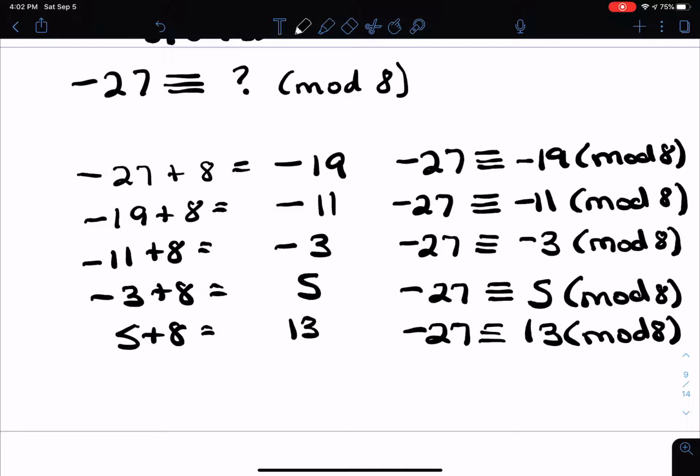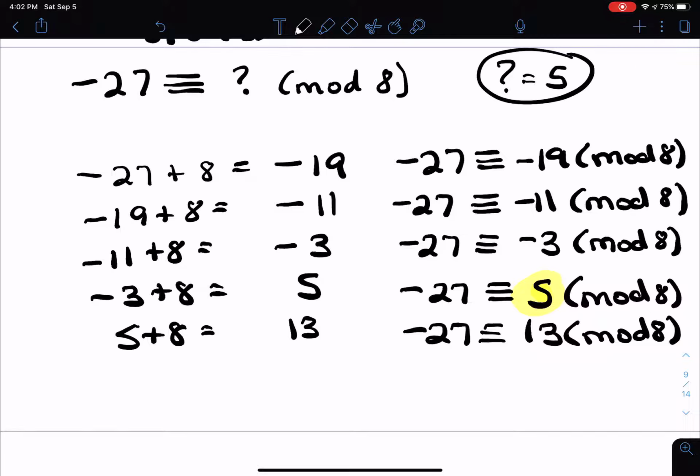Typically, they're looking for this answer right here. They're looking for the smallest non-negative number. So typically they're looking for the 5 if you're asked this problem, even though there are multiple correct answers.